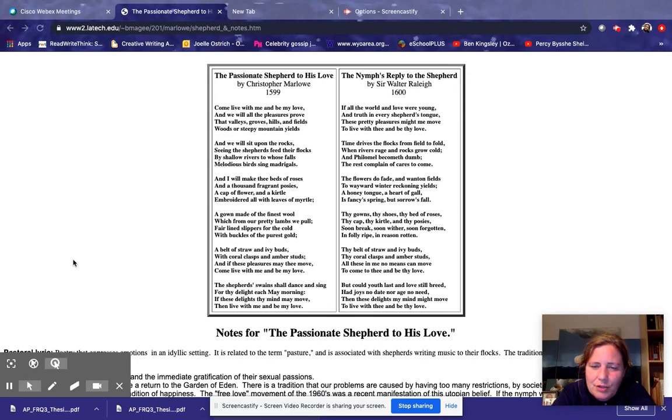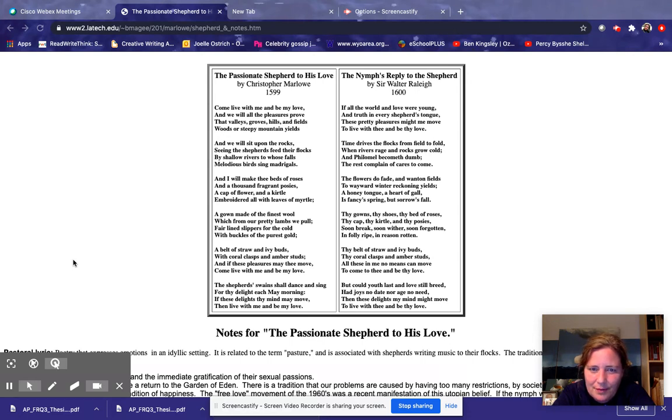So the question I would ask if we were sitting in class is, okay, so what is the nymph's argument? Well, the nymph's argument is that everything that the shepherd promised, all the way up to the gold being the last word in the fourth stanza of Marlowe's poem, is transient.